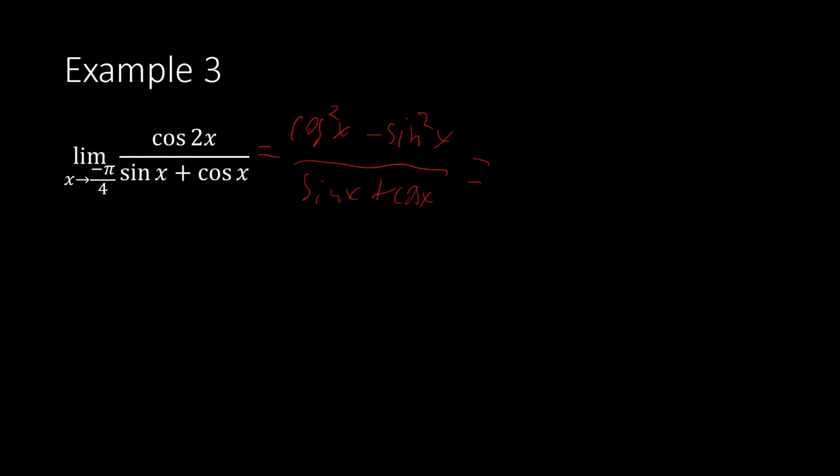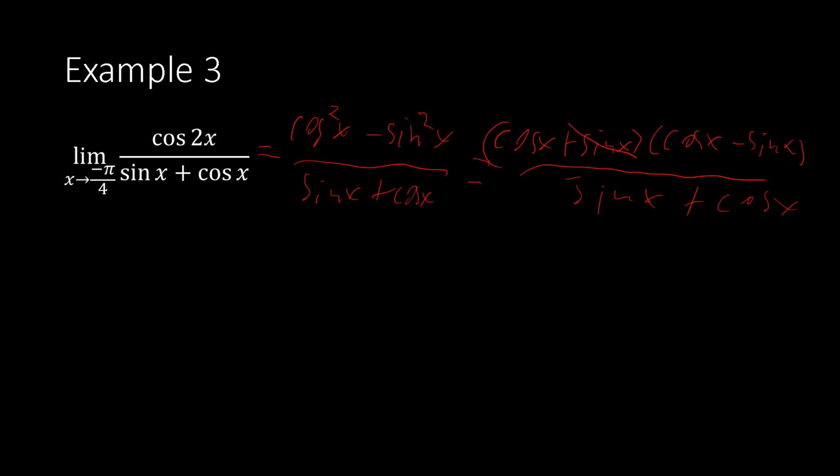Okay, and now obviously I can't cancel anything yet, but what I can do is factor this top part using difference of squares. And on the bottom we're still going to have sine of x plus cosine of x.